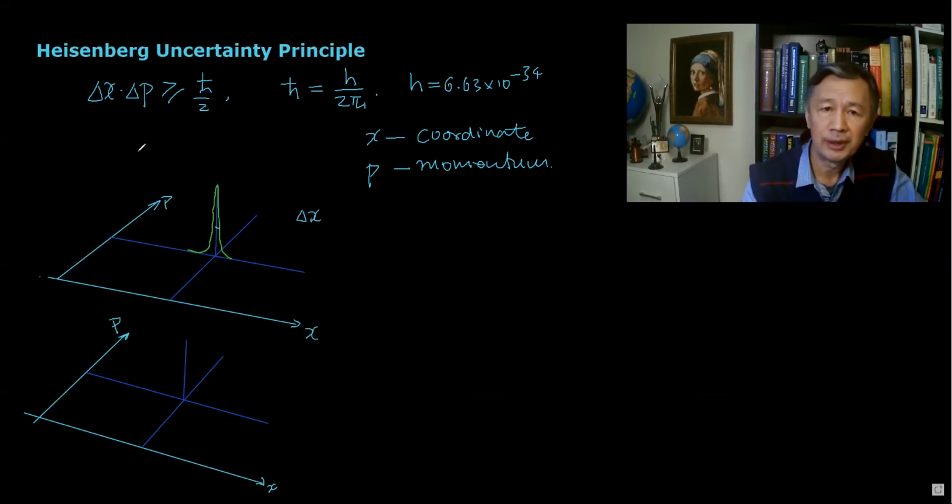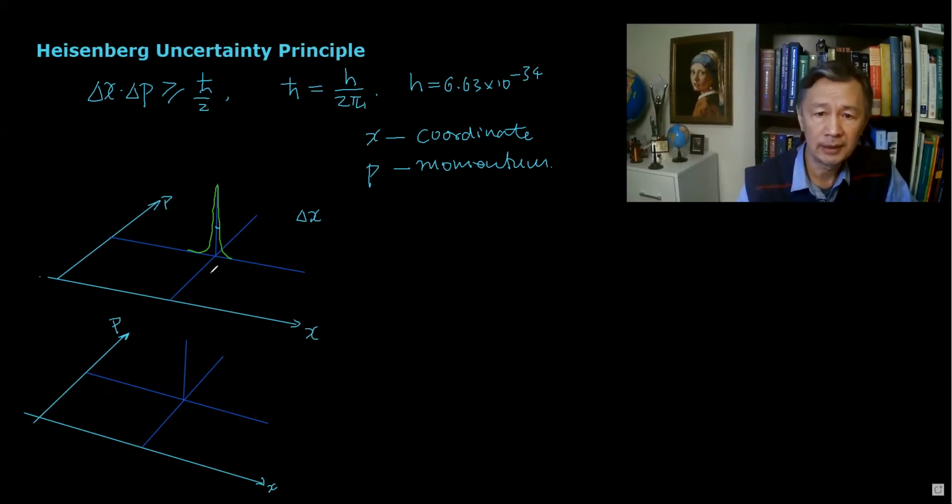However, according to this algebraic equation, if the product must be larger than a positive constant, then the two factors cannot be zero at the same time. To be specific, the smaller the delta x, the larger the delta p would be. So at this moment, if you want to measure the momentum of this particle at the same time, inevitably, you will get something like this.